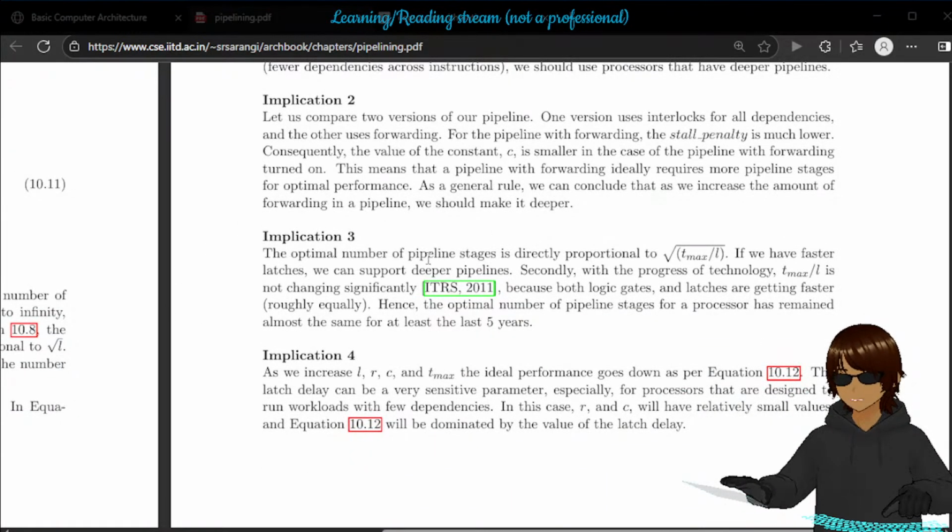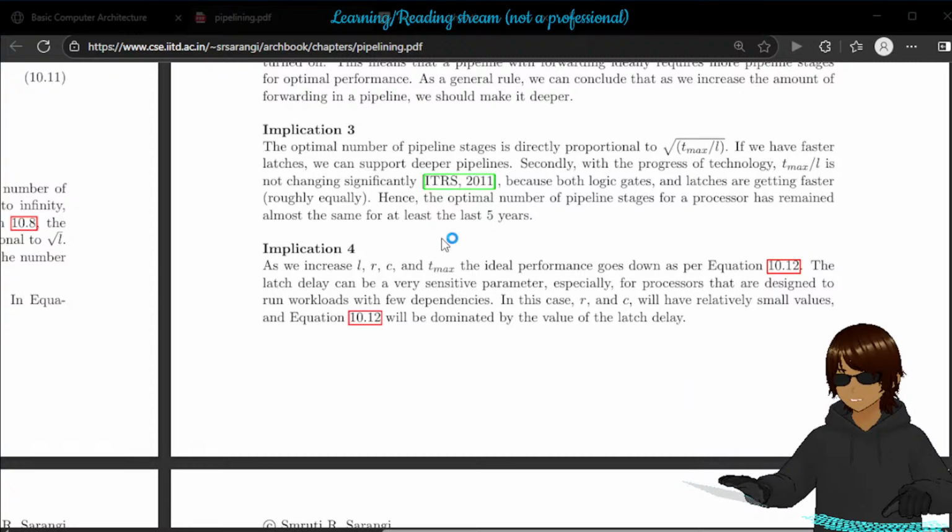The optimal number of pipeline stages is directly proportional to root of Tmax divided by L. If we have faster latches, we can support deeper pipelines. Secondly, with the progress of technology, Tmax divided by L is not changing significantly because both logic gates and latches are getting faster. Hence, the optimal number of pipeline stages for a processor has remained almost the same for the last 5 years.